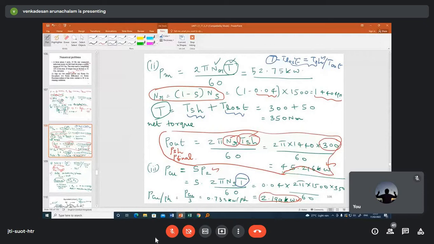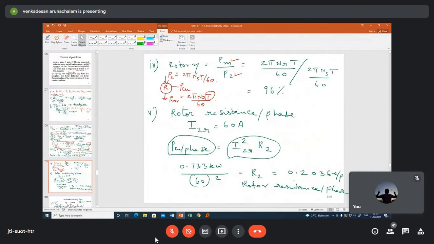So the torque available in the rotor is nothing but shaft torque plus torque lost due to friction. So T is 350 Newton meter. Right? And in the same way here, you can substitute torque as 350 Newton meter. This is also 350 Newton meter. That is the torque available in the rotor.